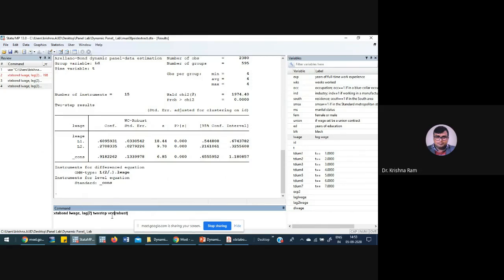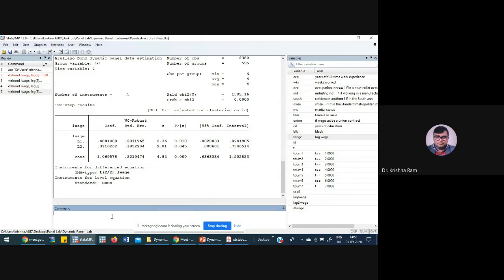Let's put here the option max, which they call maximum lags of the dependent variable. If we put one, then only one instrument of the endogenous variable is considered for each period for defining instruments.